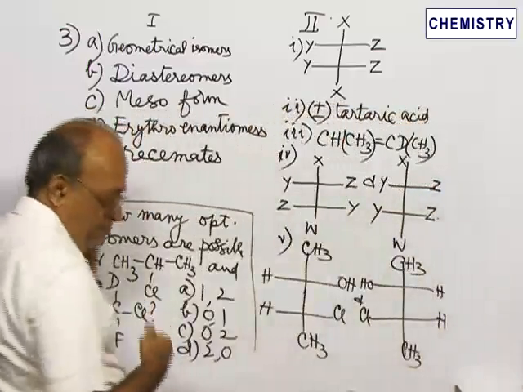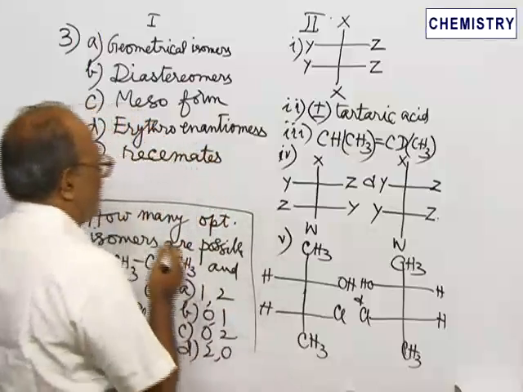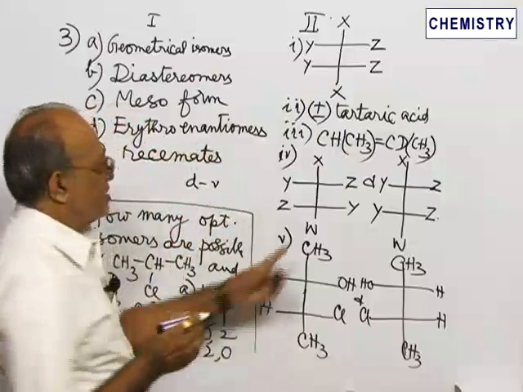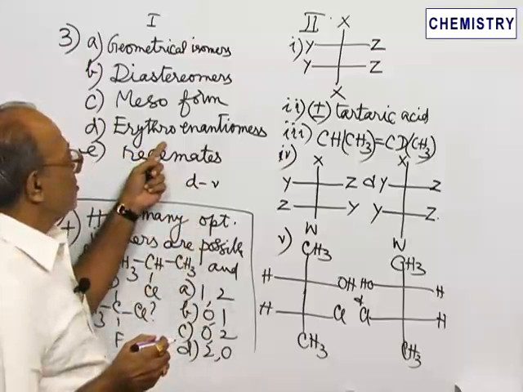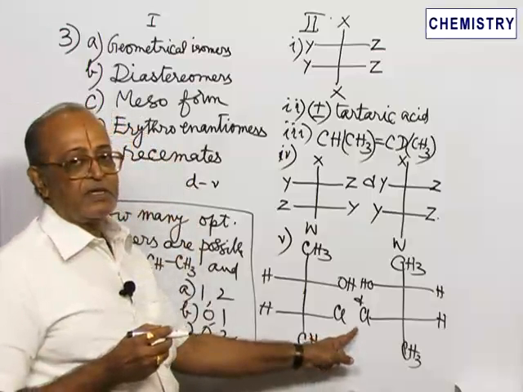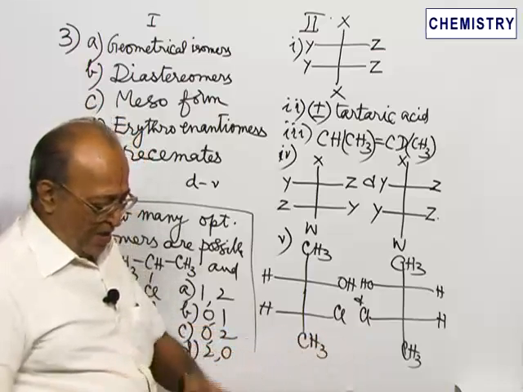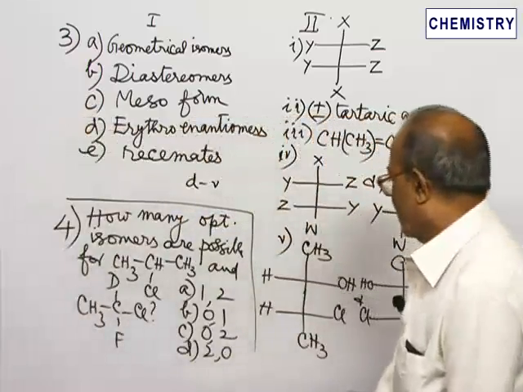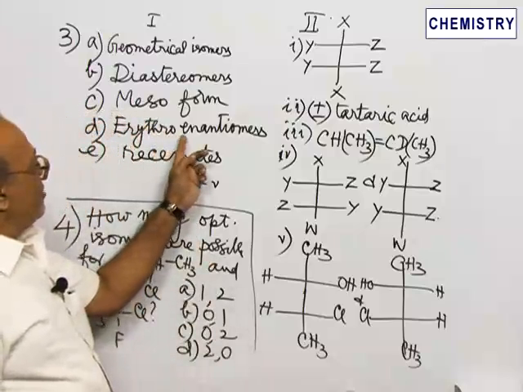D, the correct answer is 5 on the other side. The correct answer for erythroenantiomers is this. Answer 5. Now, let us consider the answer 5 on column 2.